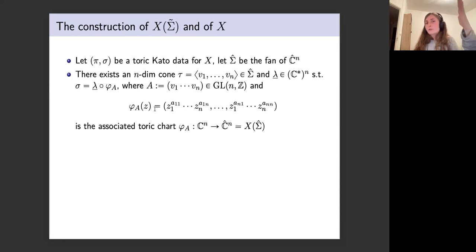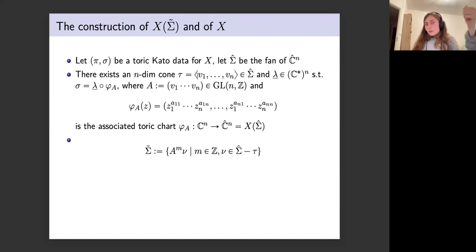And phi of z will really have this form, so all the components will be monomials in z with the powers given by this matrix. So you can show that the equivalence property implies that sigma has this form. So in particular, sigma already determines for you one special cone in this fan, which is identified with one matrix in GL_n(Z), and one element in the complex torus.